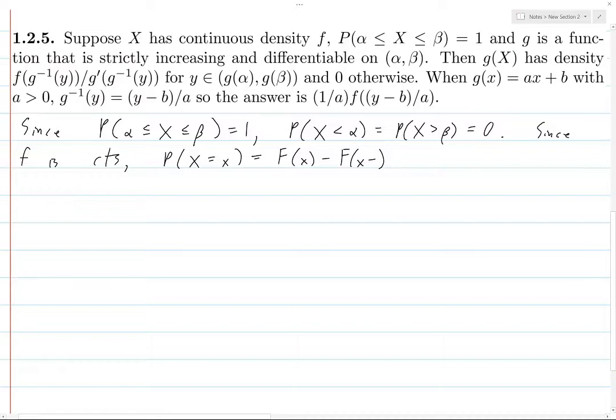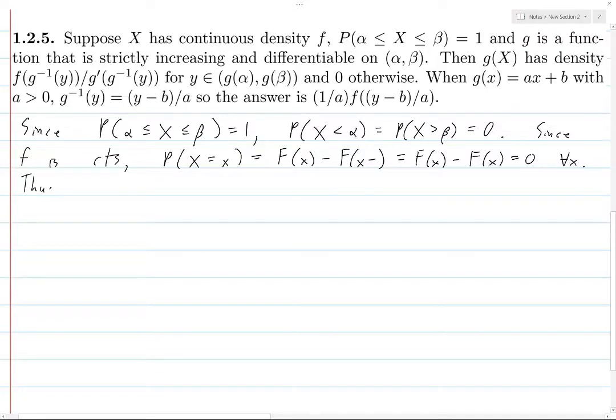However, by the continuity of lowercase f, there are no jumps in the density function F, and so this F of x minus is equal to F of x. So this is just F of x minus F of x, which equals 0 for all numbers x.